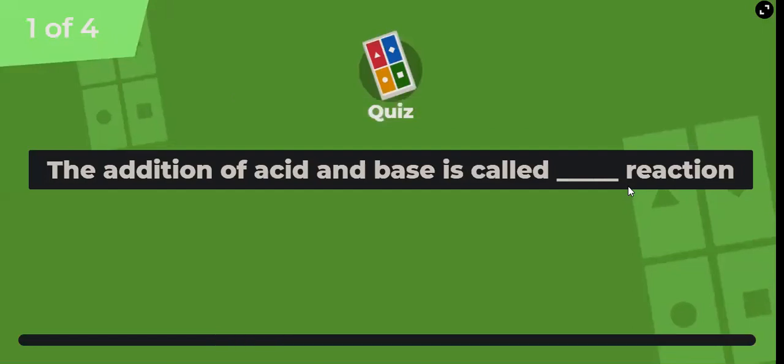So the addition of acid and base is called dash reaction, right? It's super easy, right? Tell me.